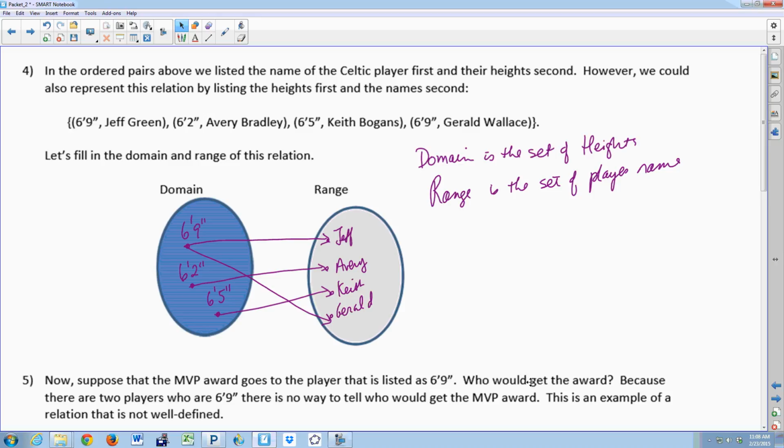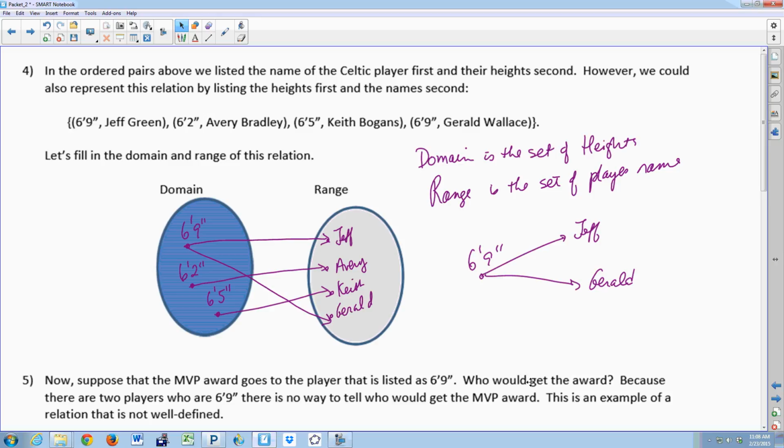Is it clearly defined which person gets this most valuable player? No, because for each of my inputs, do I have exactly one output? No, because for 6'9", 6'9" goes to two different people. 6 foot 9 inches goes to Jeff, and it goes to Gerald.